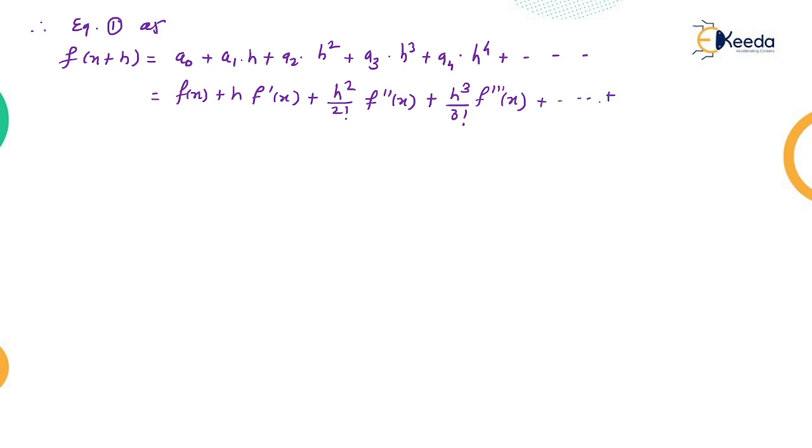If we substitute the next value, h raised to n divided by n factorial into fn of x, plus and so on.